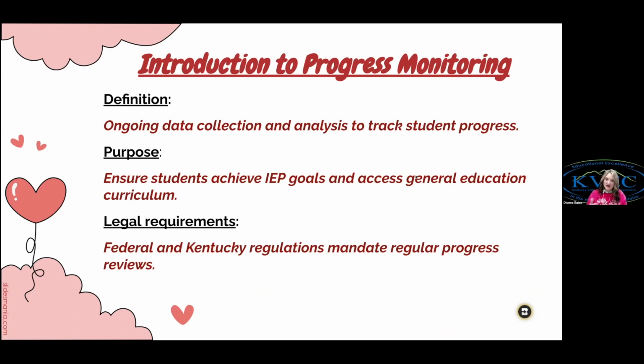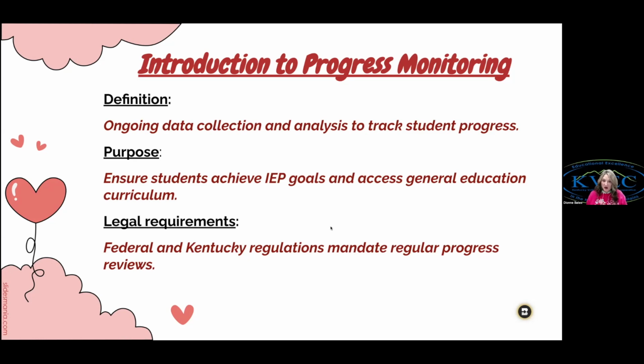So we're taking a look at the data that we have on students, and we write a goal around a specific skill deficit they have, and then we check that all along the way to see how our students are doing. That really is the one thing that we can always keep an eye on, and that allows us to make different instructional adjustments or changes in the way we deliver instruction, and how they access it. So it's a really important piece of the work that we do.